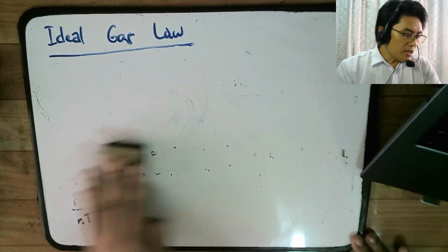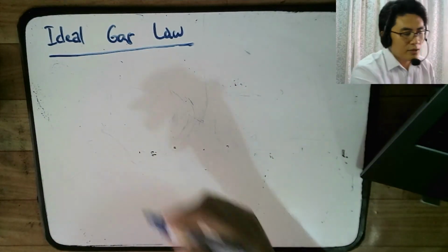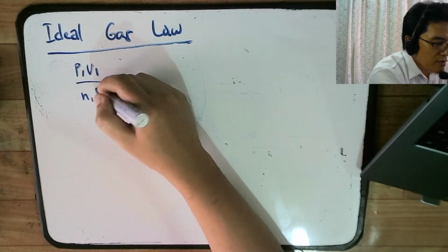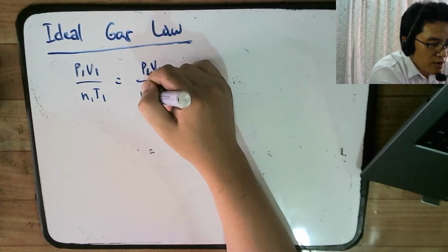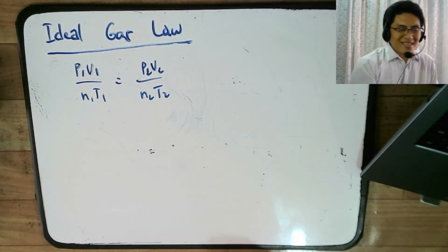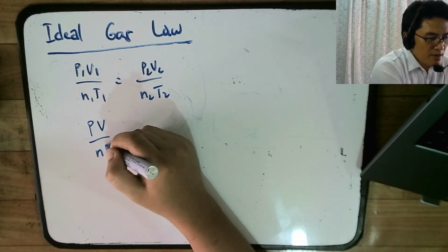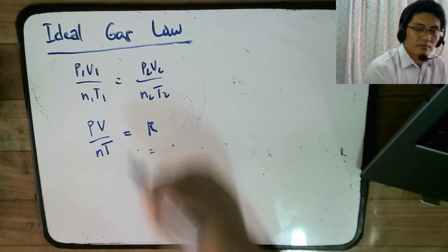Again, even if I kind of suggested to you that P1 V1 over N1 T1 is equal to P2 V2 over N2 T2, what is really preferred by books is this format, which is PV over NT equals R, right?